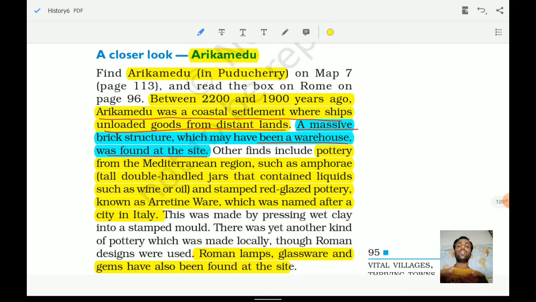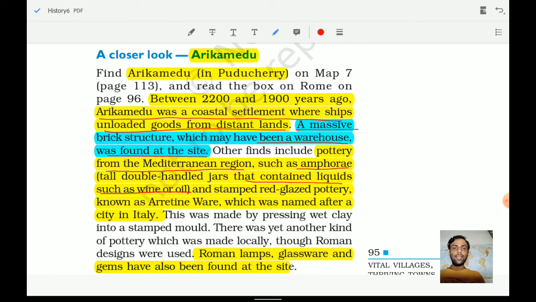What is an amphora? A tall double-handed jar that contained liquids such as wine or oil. So this amphora belonged to the Mediterranean region, and it used to contain liquids such as wine or oil, and there was also the red glazed pottery stamped with marks. So such red glazed pottery is known as Arretine ware.